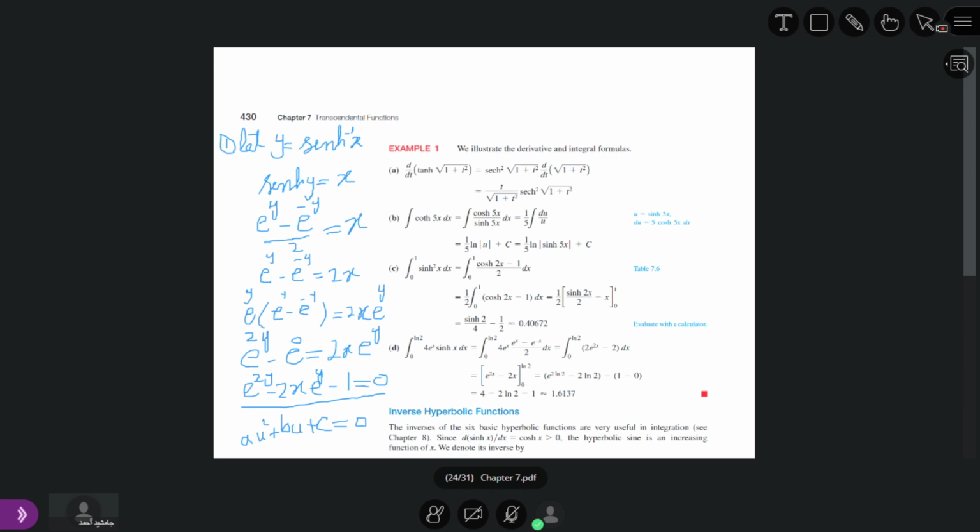So if we have a quadratic equation, we have the following solution.